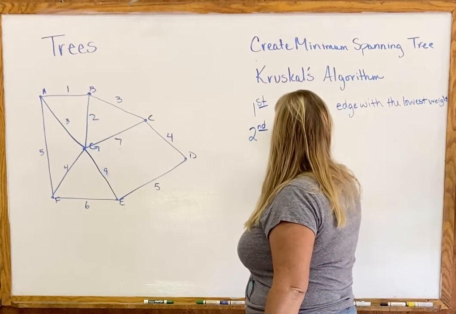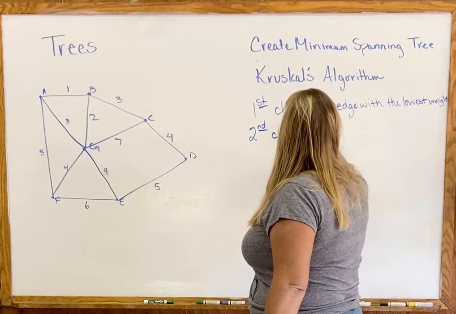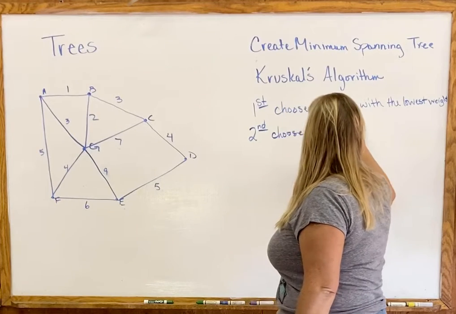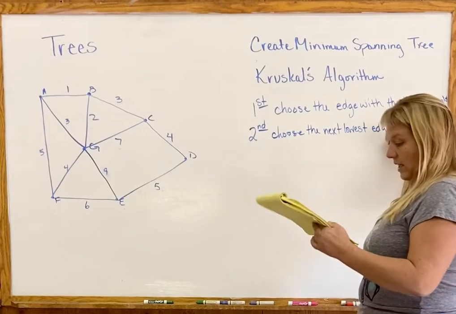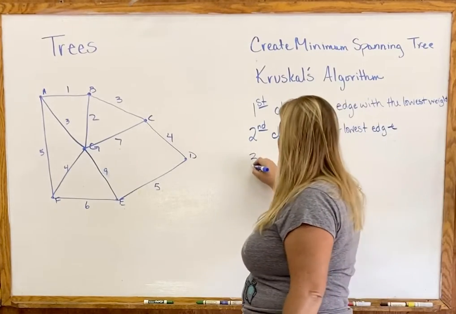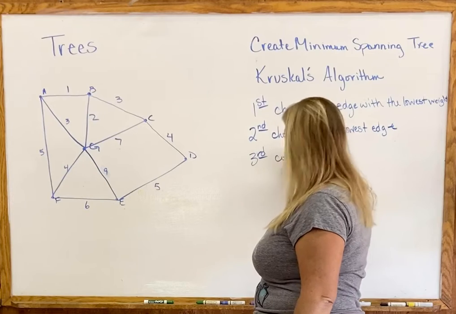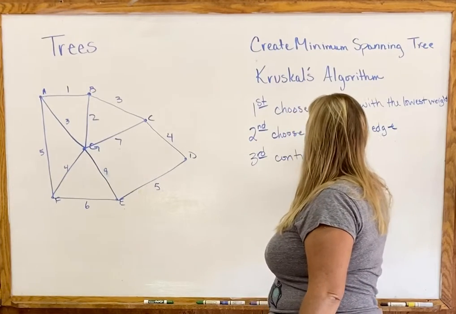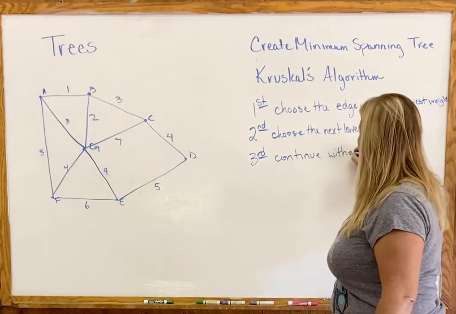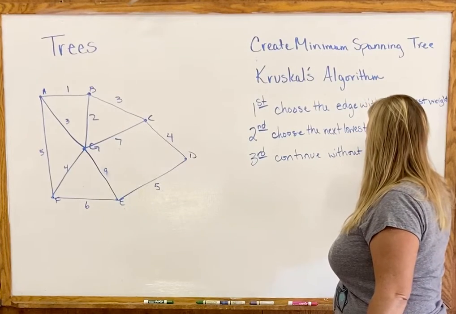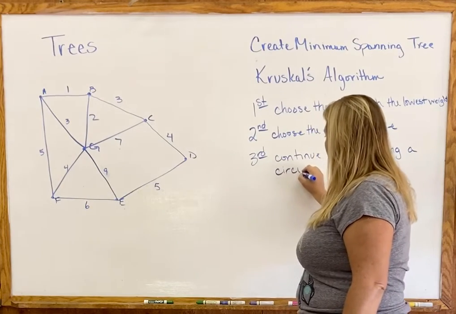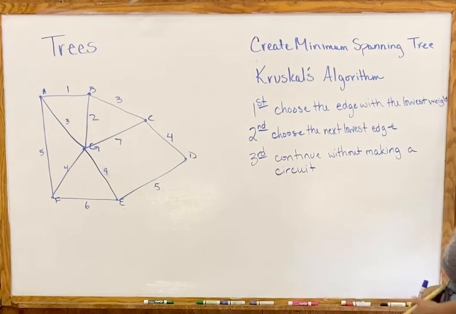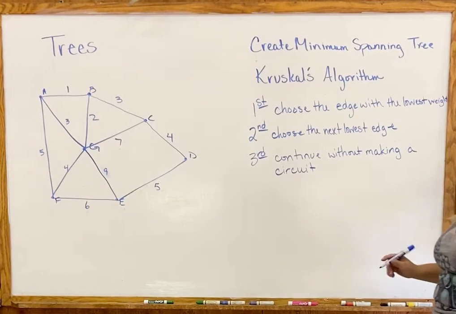So we're going to choose the next lowest edge. And we are going to continue without making a circuit. As I said, this is the process, but it's like, really? We needed to write that down? Okay, but this is how we go about doing this.